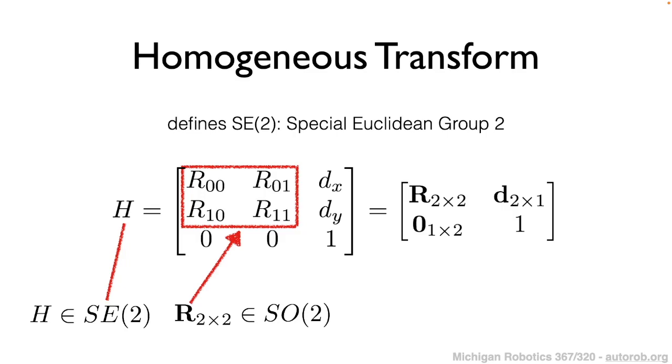So this is an orthonormal matrix. In addition, we have a 2x1 translation component, which is from real 2, so the space of real numbers of dimension 2. Together, this is then going to form really the foundation for the transformations that we're going to be focusing on in this course. So we're going to be focusing on rotational and translational transformations only.